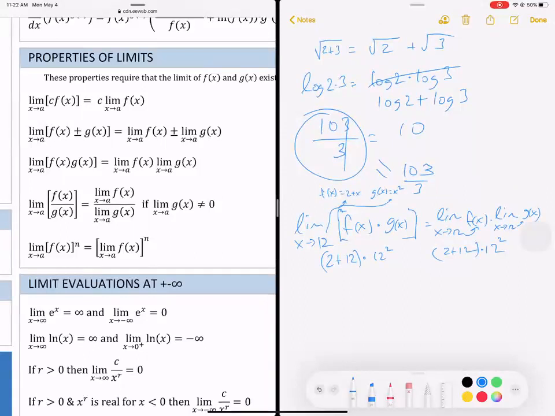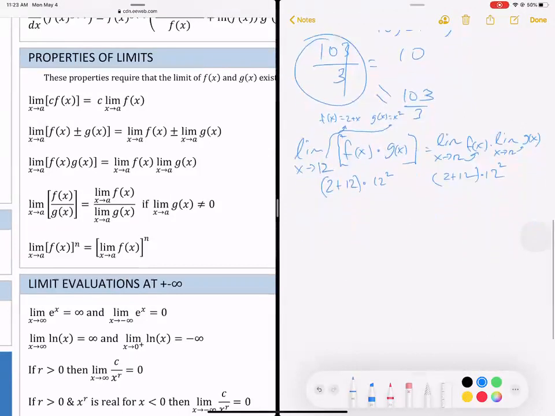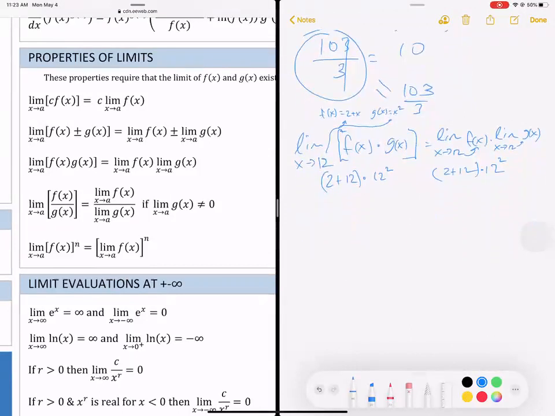Okay, so everything we thought we could do with regular functions, we can do with limits. Now, the next one, quotient, is always a big deal because this is when we learn that numbers all of a sudden stop existing, like we become undefined.